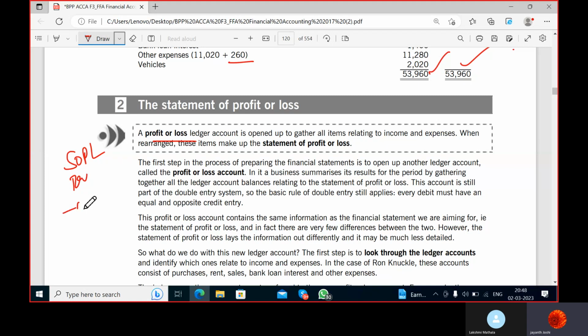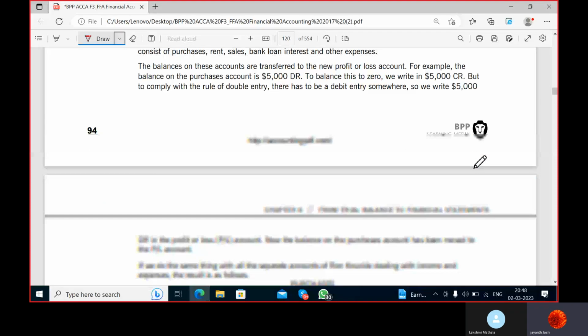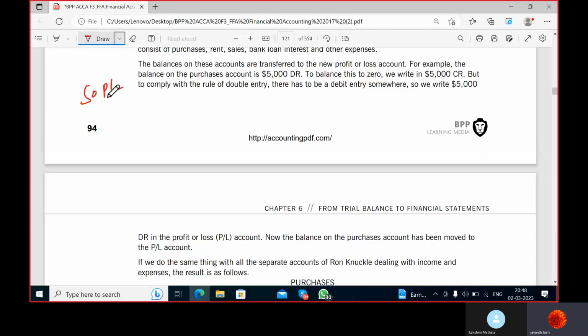See, SOPL is the statement of profit or loss. You start with revenue, you deduct COGS, you get gross profit. It goes like this. But I'm speaking about the P&L ledger. So it's like the profit and loss account, which you used to make in intermediate, like how T accounts, T-shape account. So particular amount, debit, credit. Do you remember?